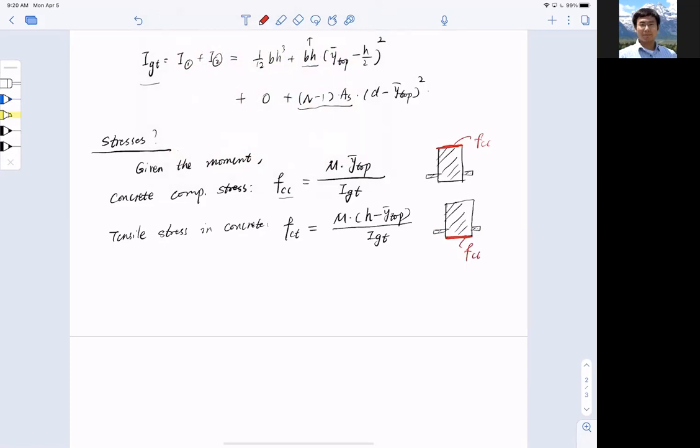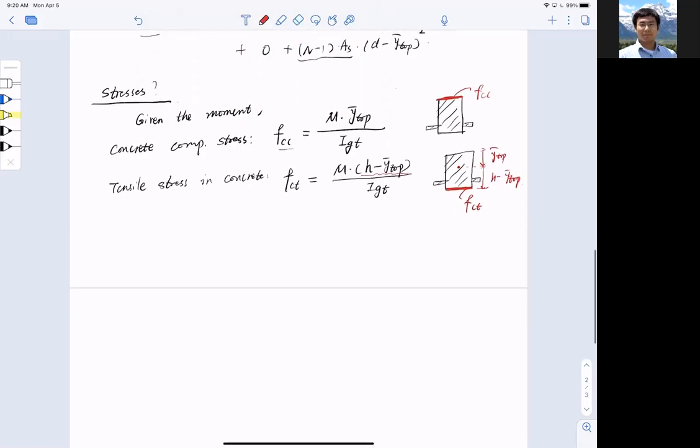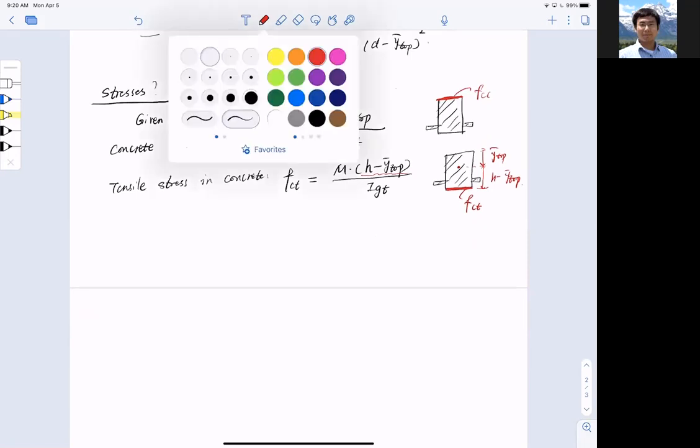So this is FCT. And this distance h minus y top is because y top is somewhere here, and the distance between that and the bottom is h minus y top. So that is for the tensile stress.